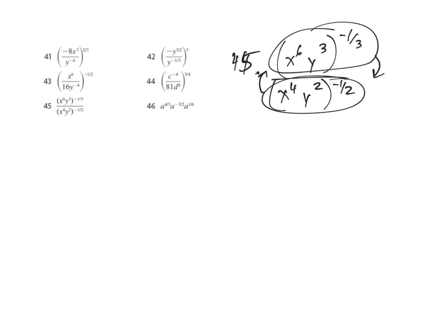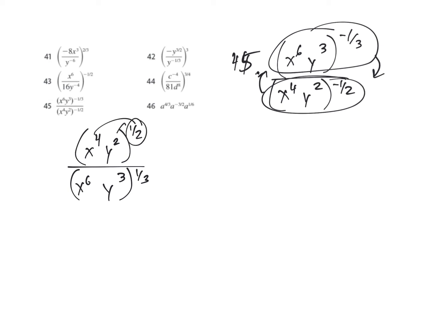So because they both have negative exponents, we're going to flip each base to the opposite position. Here's what it looks like. x to the 4th, y squared to the positive 1/2, all over x to the 6th, y cubed, raised to the positive 1/3. Now distribute.